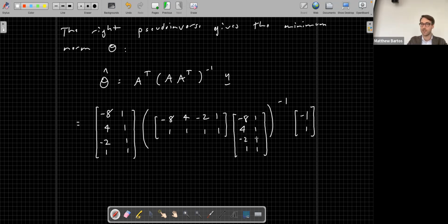And if we do that and compute the value for our parameter vector theta hat, what we end up with is the following values for our parameters A3 through A0. So A3 hat will be equal to about 0.23. A2 hat will be equal to about 0.27. A1 hat will be equal to about 0.25, and A0 hat will be equal to 0.26.